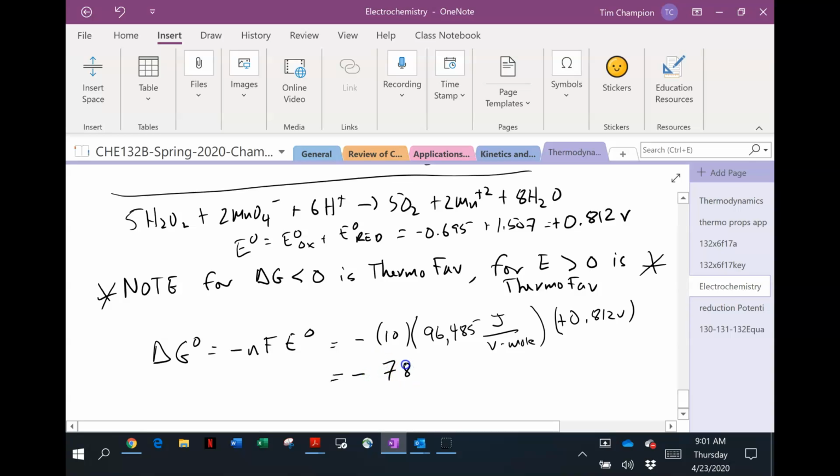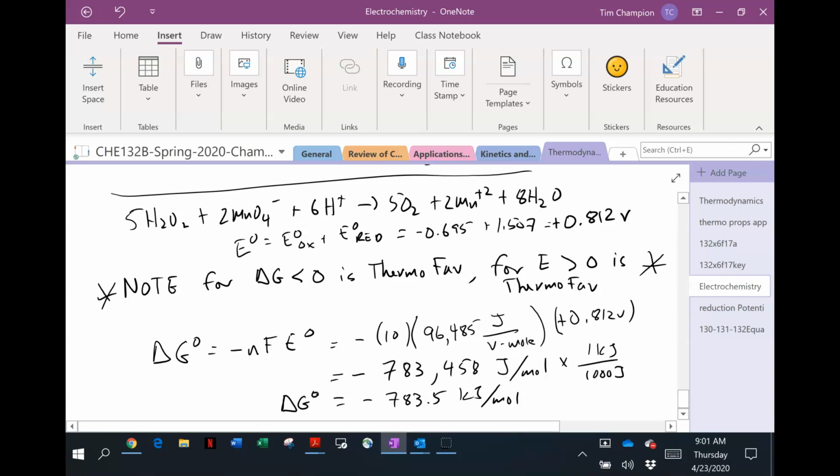That's negative 783,458 joules per mole. Or if we convert that to kilojoules, 1 kJ over 1,000 joules, that's going to be negative 783.5 kilojoules per mole. And that's our delta G value for that.